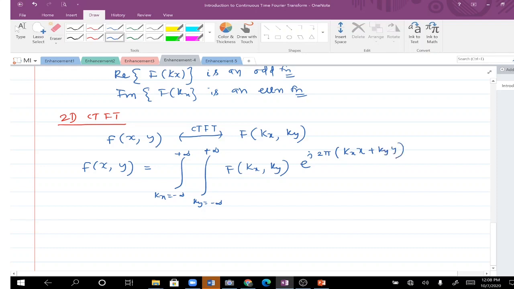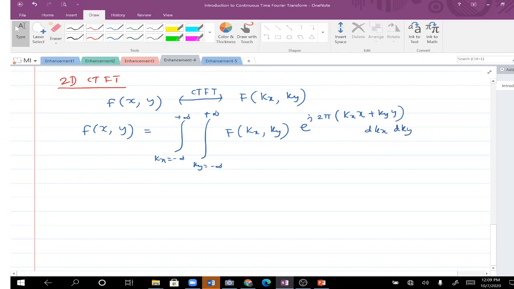It is just like multiplying e power minus j 2 pi kx into x multiplied by e power j into 2 pi into ky into y. Eventually we are summing up both the exponentials and putting them together. Now you are going to integrate them with respect to which variables? Integrate over kx and integrate over ky. Now let us write the expression for f of kx comma ky. What would that be equivalent to?